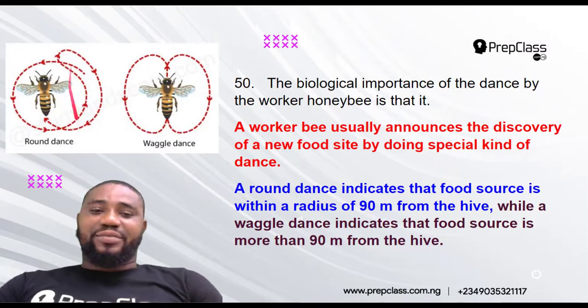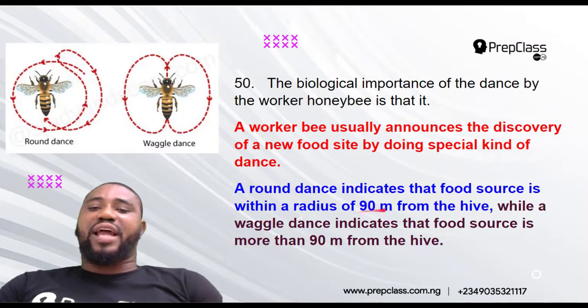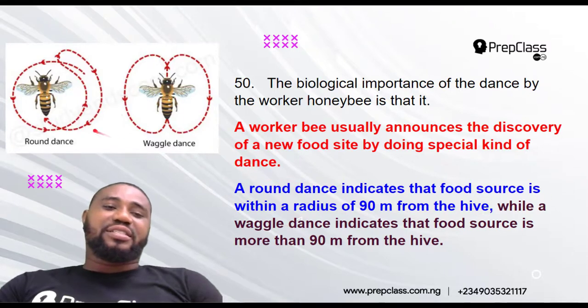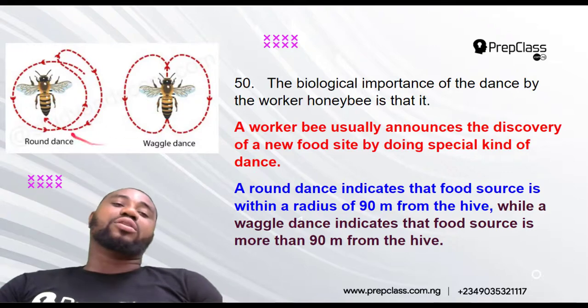So a round dance indicates that the food source is within a radius of 90 meters from the hive. This is a round dance, and the dance is this way. When it dances round like this, it means that food is available, and this food is just 90 meters from our estate.